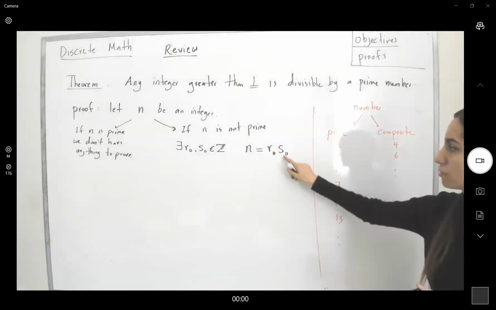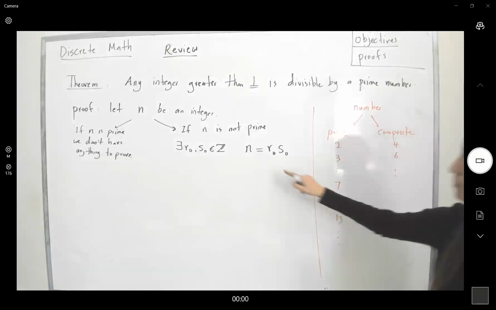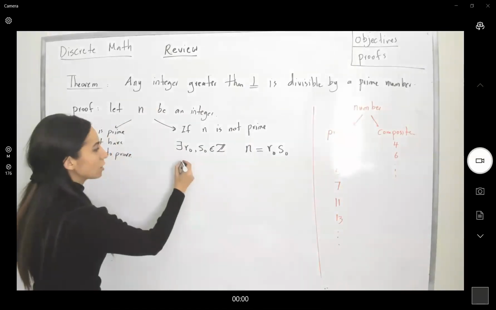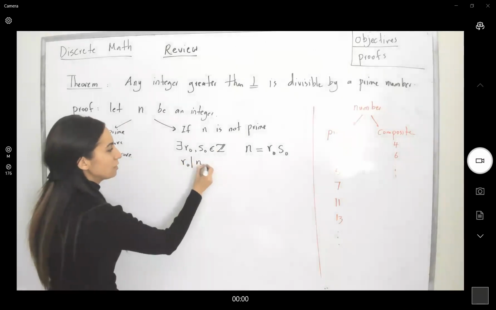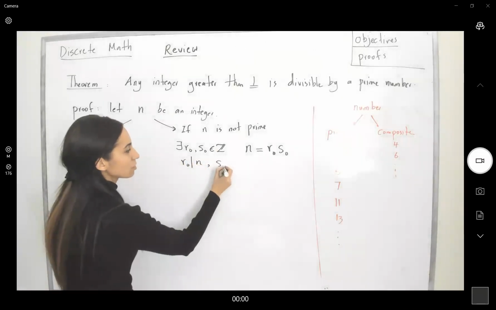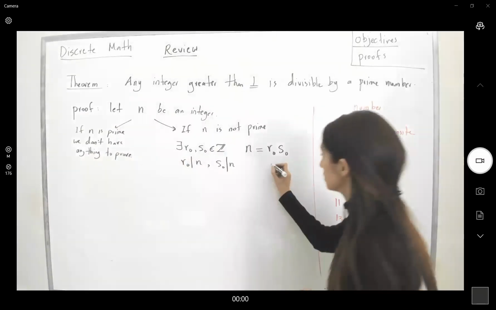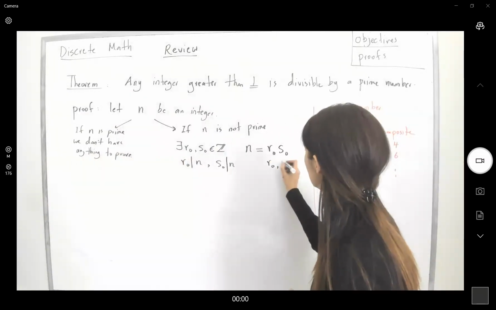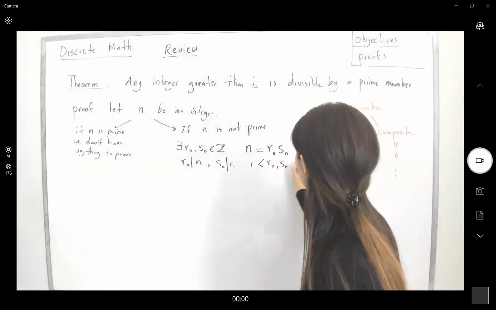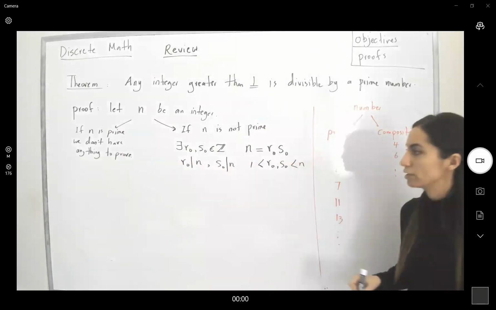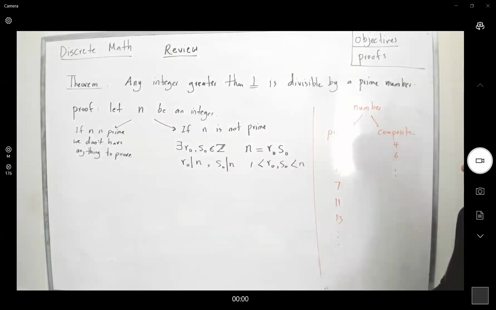And at the same time, we know that r sub 0 divides n and s sub 0 divides n, and both of them are in between 1 and n. This is how we define divisibility.